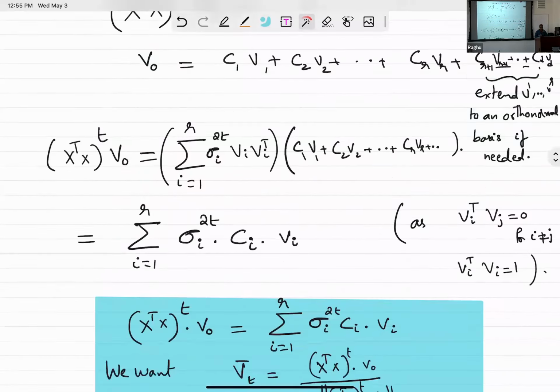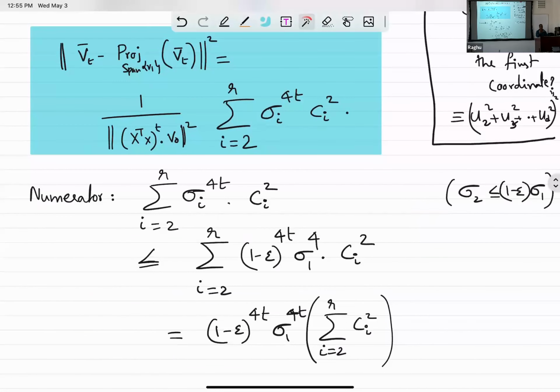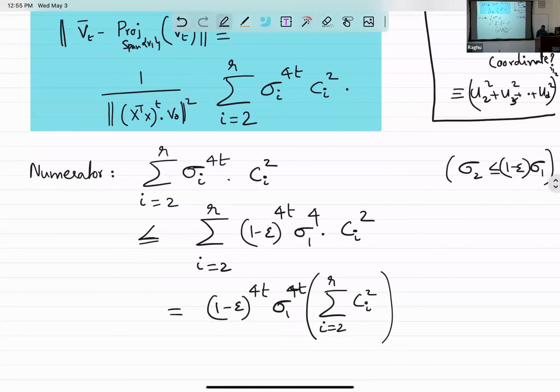So in particular, it's at most 1. We don't even need that it's 1 minus the first one missing, we can just say it's at most 1. You projected a unit vector onto these different orthonormal basis directions. So this should be at most this much.